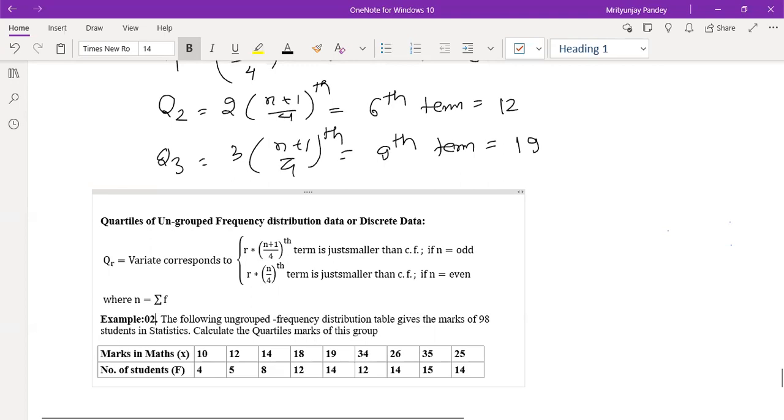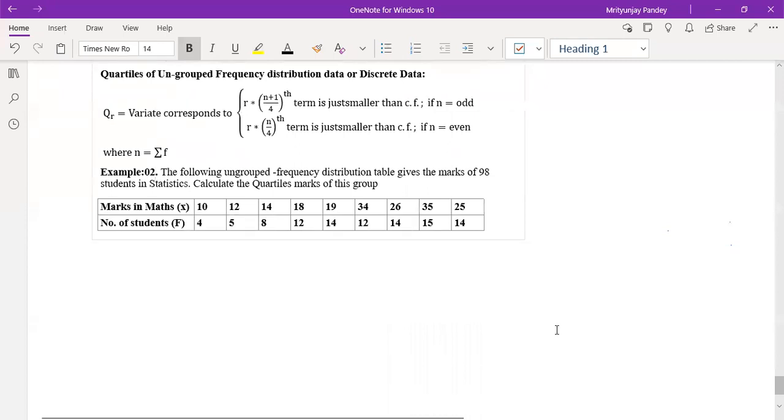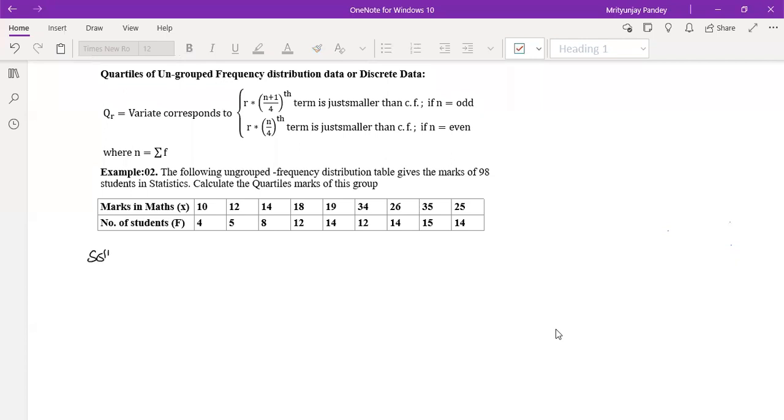Okay. So first of all, find summation f and then cumulative frequency. So X, F and CF.